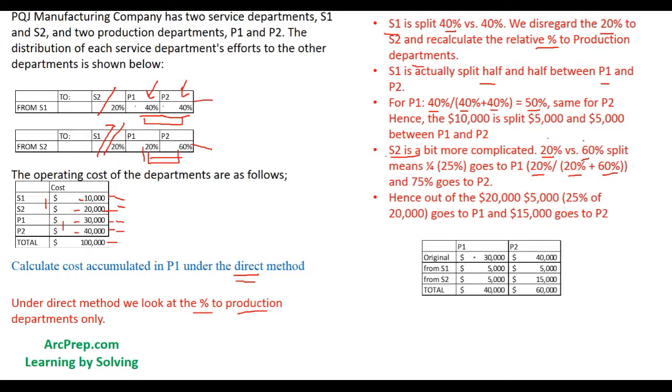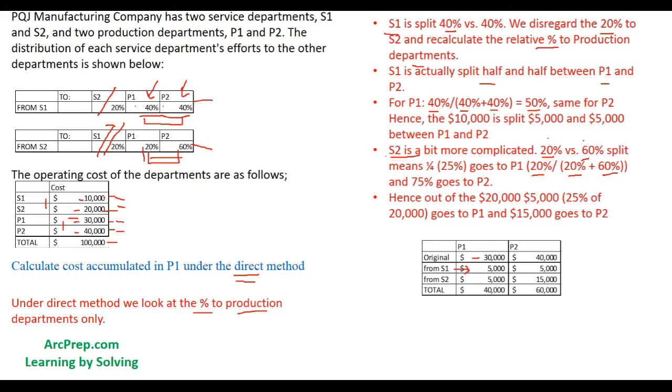So the original cost for P1 was $30,000 right here. From S1, what we are getting is 5,000. S1 was 10,000, and I needed to calculate production 1 department's percentage. Under direct method, S2 is ignored, and I need to redistribute that so that it totals to $10,000.